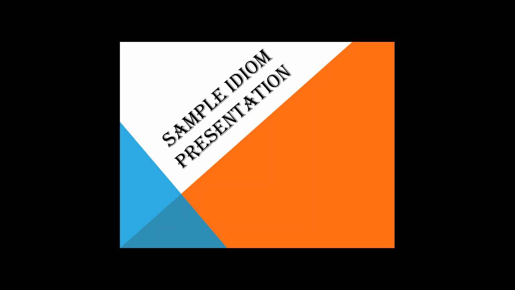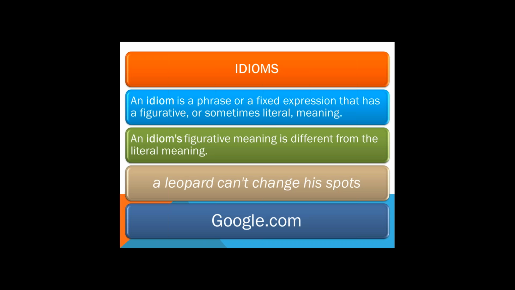First of all, I wanted to explain, everybody I'm sure is familiar with what an idiom is. It's a phrase or a fixed expression that normally has a more figurative, sometimes a literal, but usually more figurative meaning. As you can see down below, we have this idiom, a leopard can't change his spots.